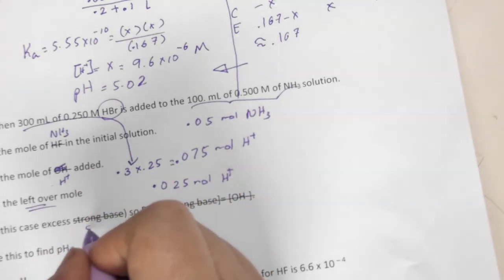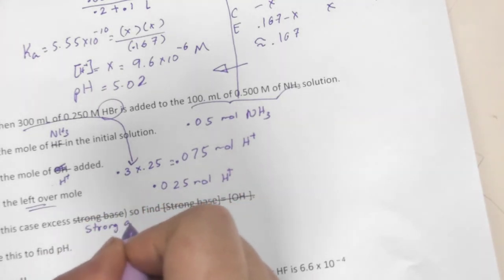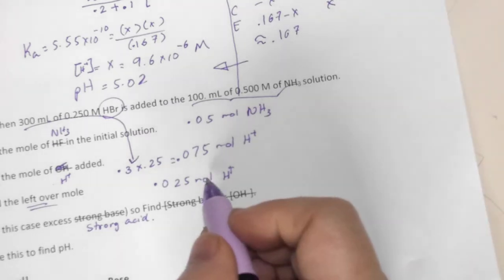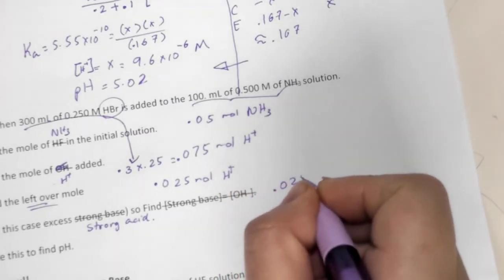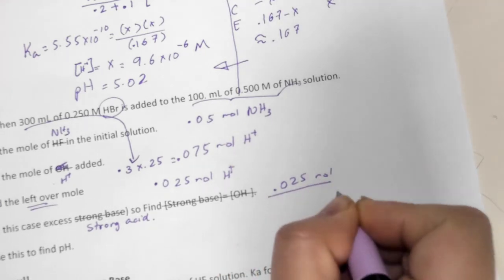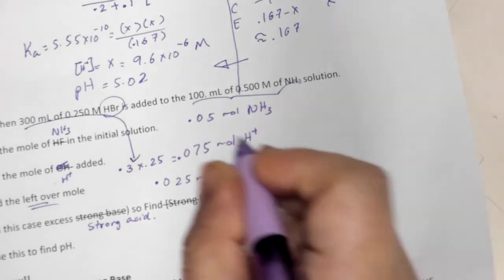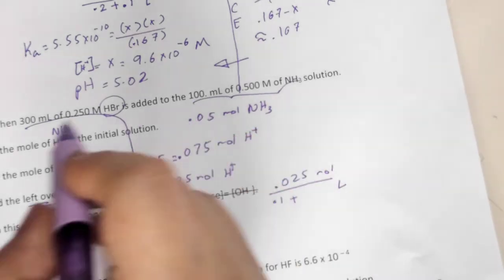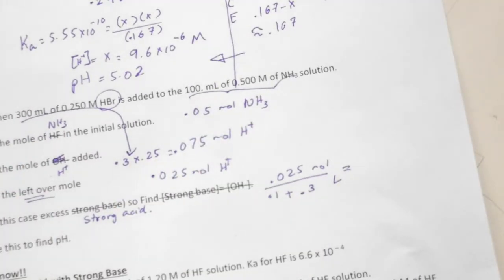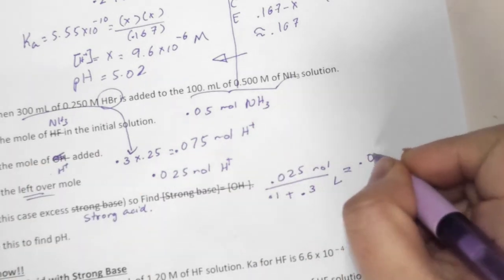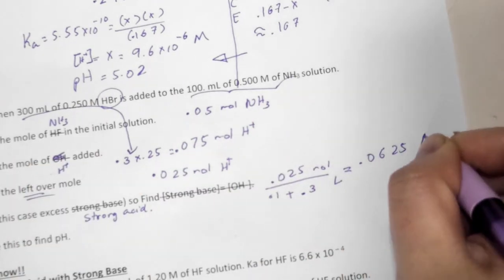Since your strong acid is in excess, you're just going to find the strong acid's concentration. 0.025 mole divided by the liters, 0.1 liter, right, 100 milliliter, plus 300, so 0.3. So that's divided by 0.4, 0.0625 molarity.